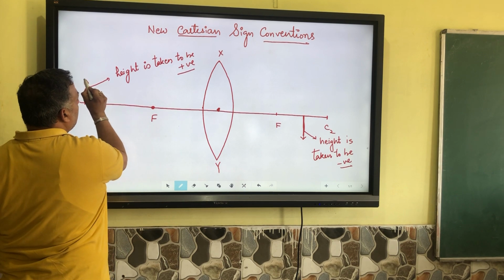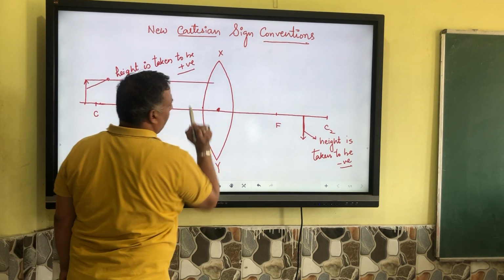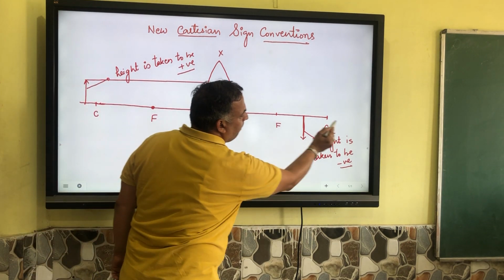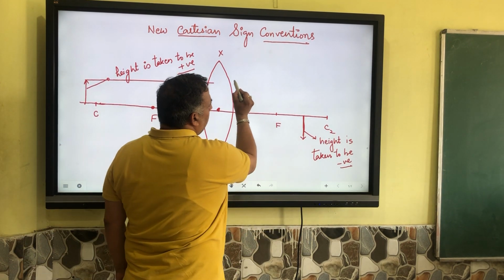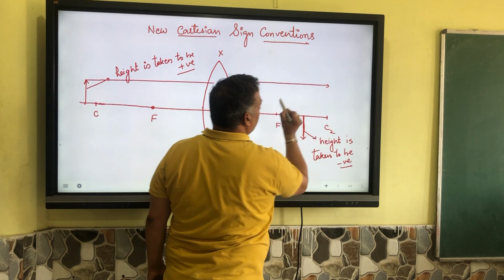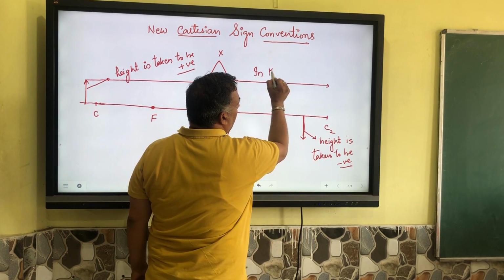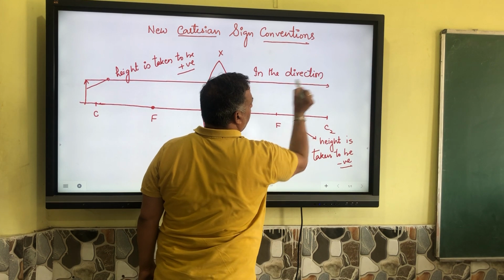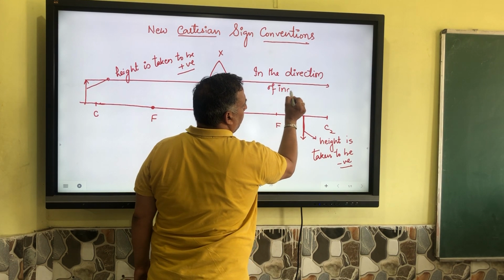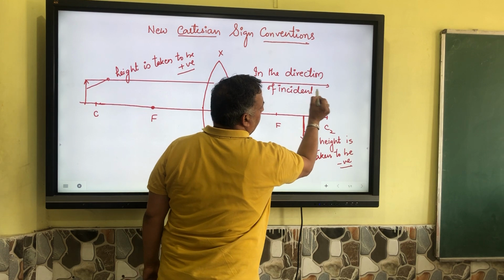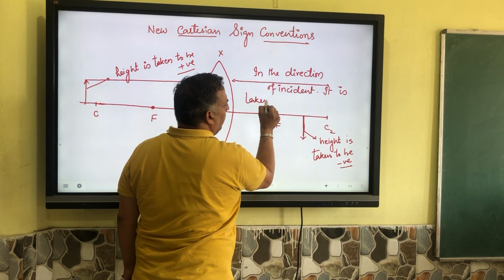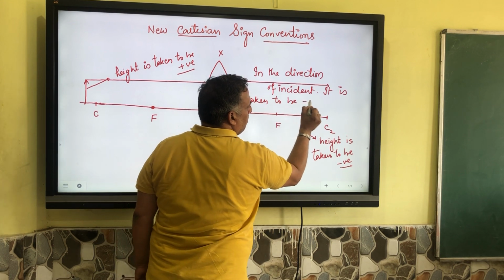If the object is this one, the ray is coming toward this side. Any distance in the direction of the incident ray is taken to be positive.